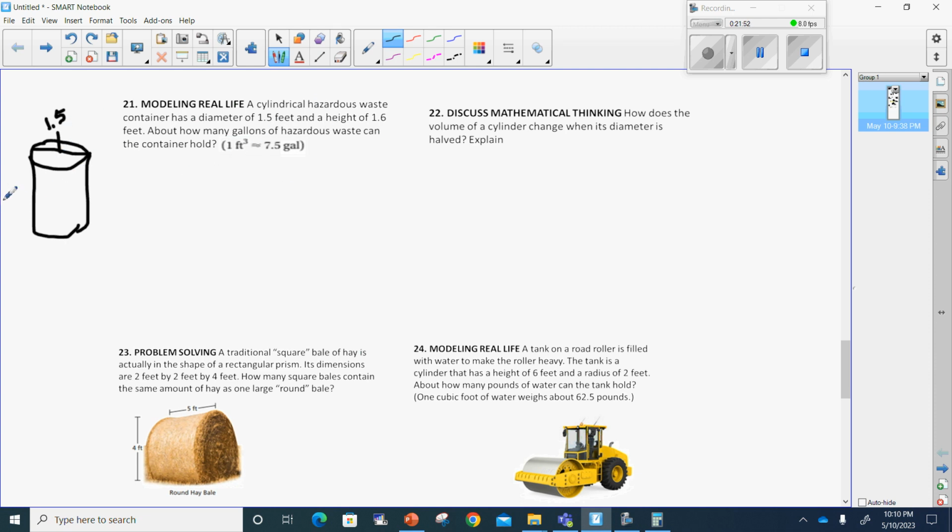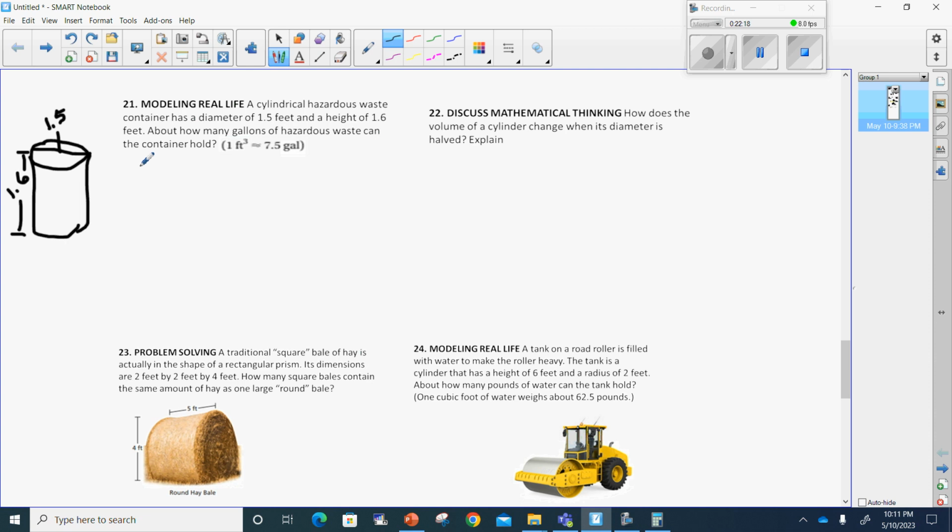And a height of 1.6 feet. So it says about how many gallons of hazardous waste can the container hold when one cubic foot holds 7.5 gallons.